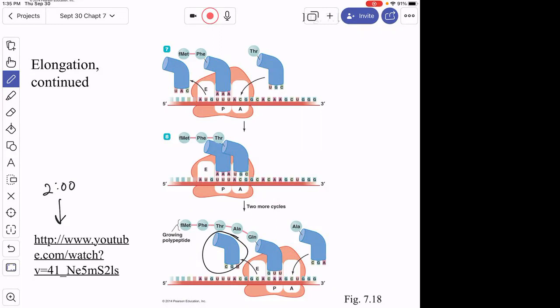You learn to appreciate the complexity of this and how fast it happens. How fast? About 15 amino acids are added per second. It's happening enormously quickly. Hard to understand how things can happen that fast, but that video helps you appreciate the speed of that.